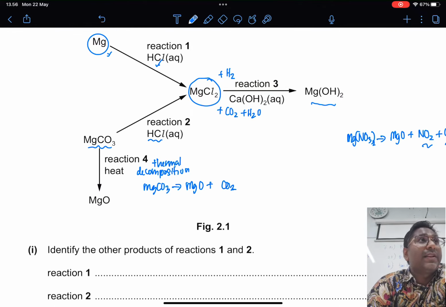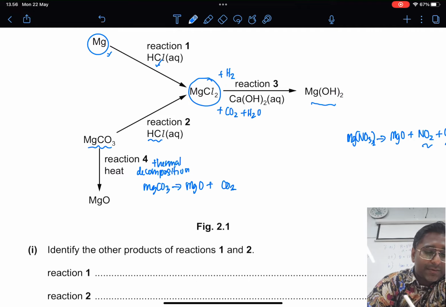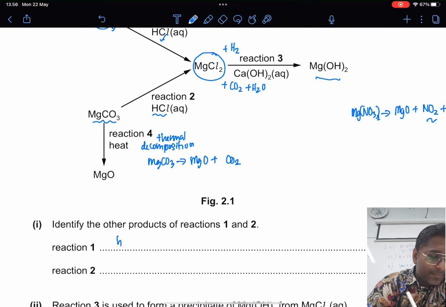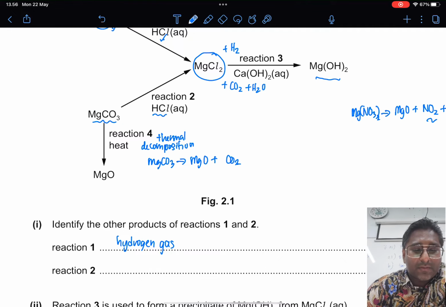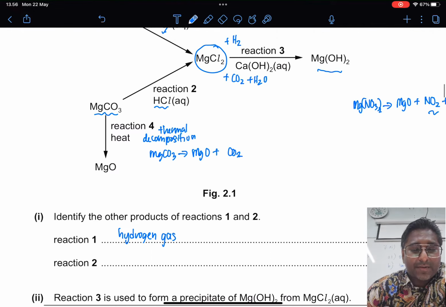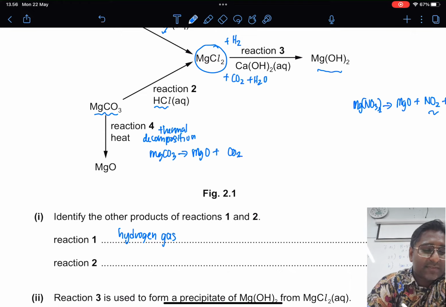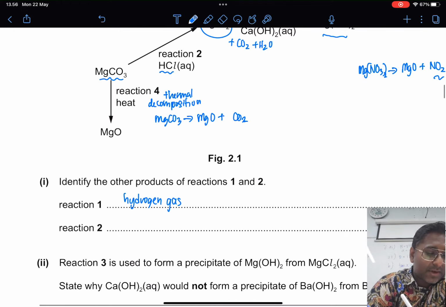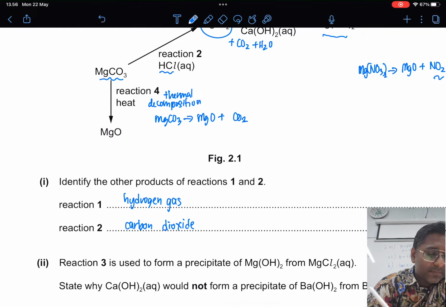Plus hydrogen gas. Reaction 2, magnesium carbonate reacts with HCl to give you salt, and then you have carbon dioxide and water. Do remember, must give both. So carbon dioxide gas and water.